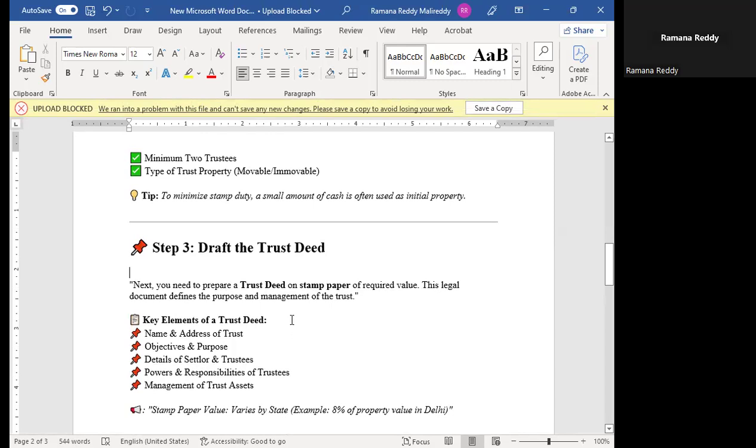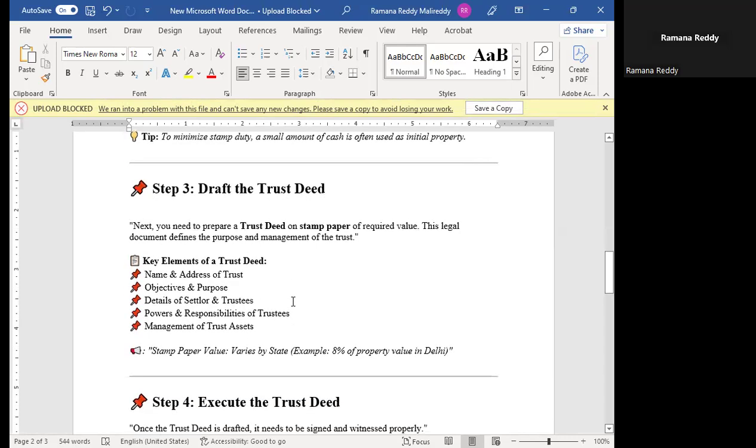Key elements of the trust deed are name and address of the trust, objectives and purpose of the trust, details of the settlor or author, and details of the trustees, powers and responsibilities of the trustees, management of trust assets. These are all the key details. Then stamp paper value. This varies from state to state.